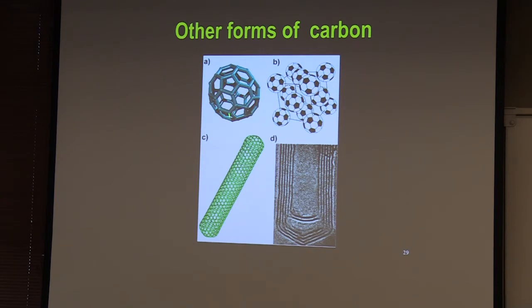So after some time, they decided that the structure should have the shape of a soccer ball. This is the most symmetric structure you can have, with 60 carbon atoms and 60 vertices. The symmetry is icosahedral symmetry. If you truncate an icosahedron, you get this structure.